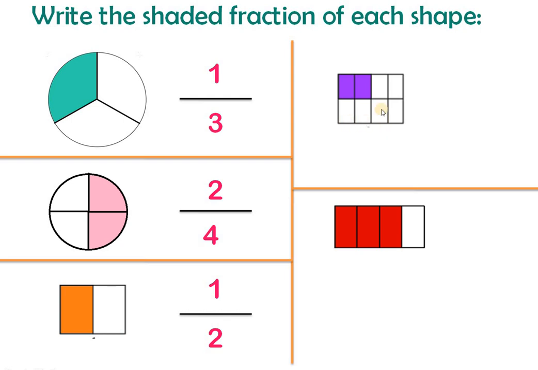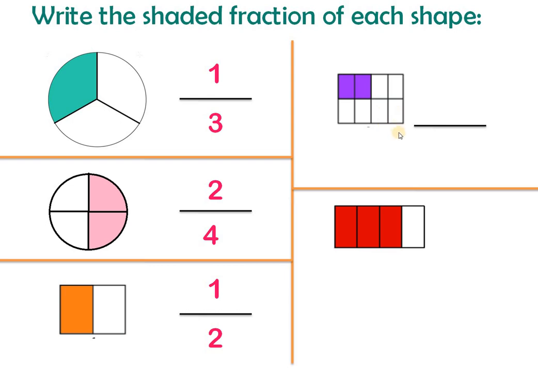Let's see this triangle here. We have shaded parts here. First of all, we have to draw the fraction line. Then we have to count all the parts here. 1, 2, 3, 4, 5, 6, 7, 8 parts.